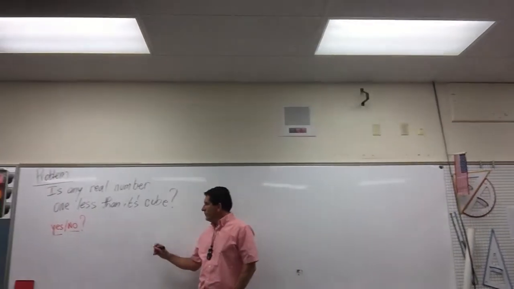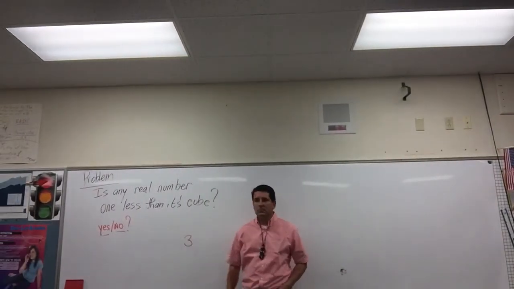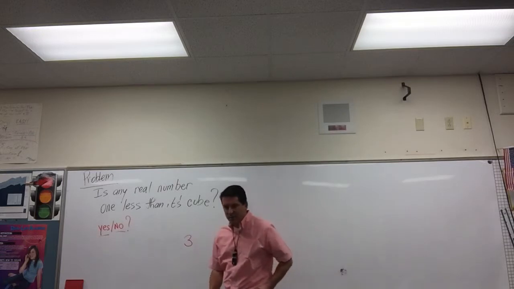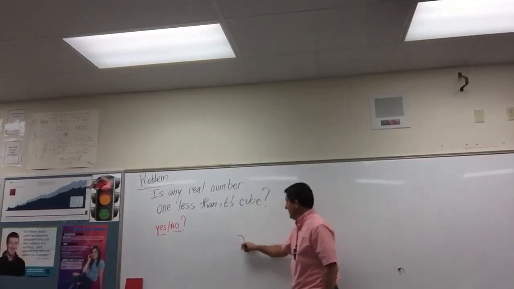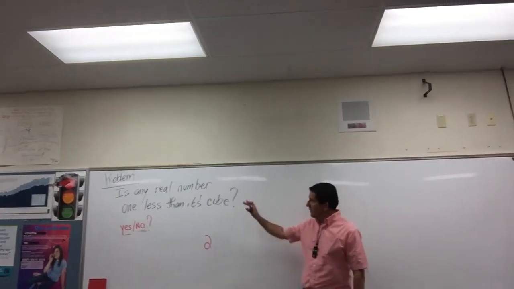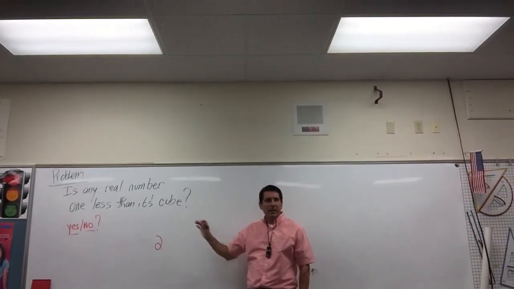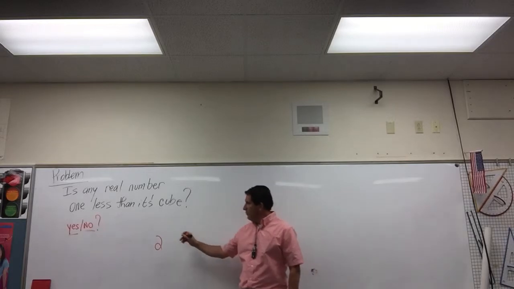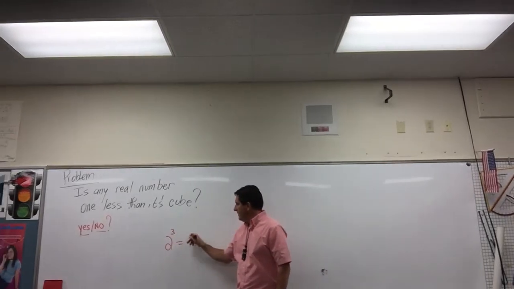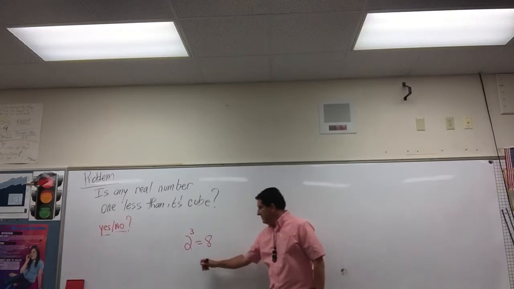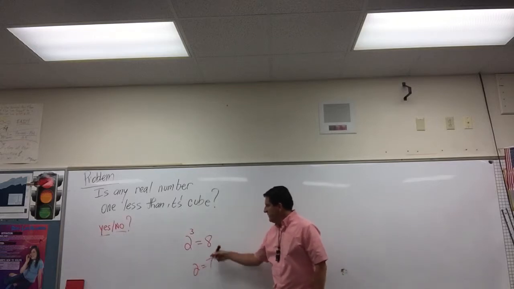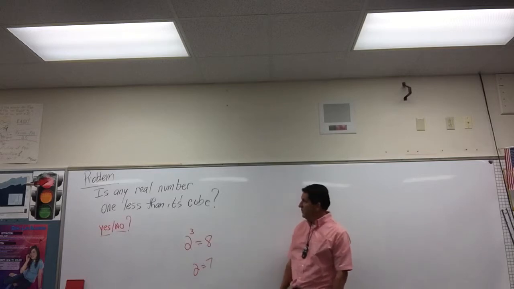Like 3. 3 is a bad number because of the cube. How about 2? According to this, does 2 satisfy this? 2 cubed is 8. Is it equal to 7? 7 is 1 less than the cube.